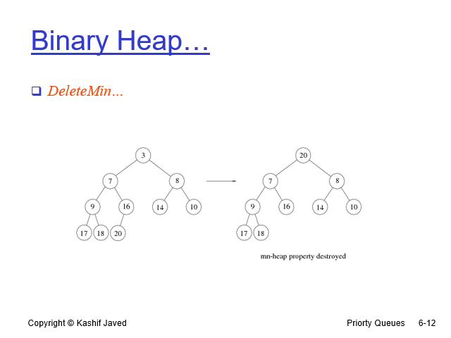So here we are. On the left hand side, we are given a priority queue. If you look at the priority queue, the elements are 3, 7, 8, 9, 16, 14, 10, 17, 18, 20.